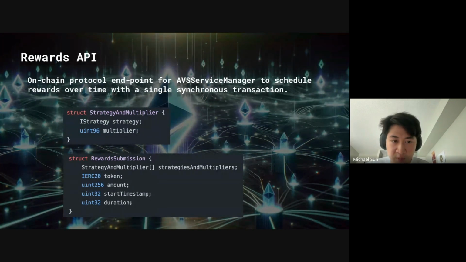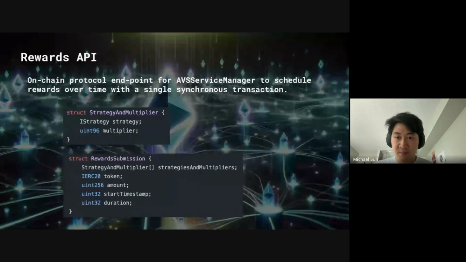As part of the submission, you include your token for your rewards and the amount supplied, as well as a start timestamp and a duration. So it's basically a time range in terms of epochs, and you will distribute rewards over this period of time. This will be done in the same way where we had the 10% commission to the operators, and then the remaining 90% to the delegated operators.